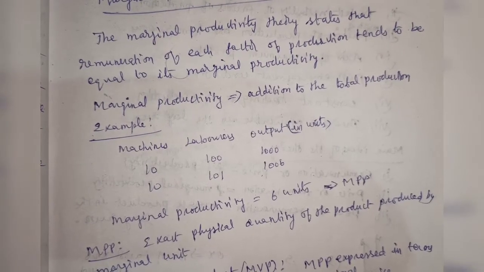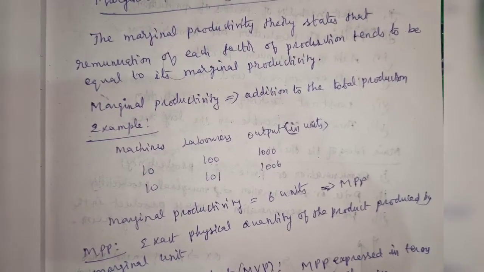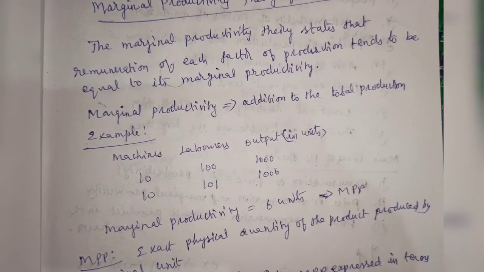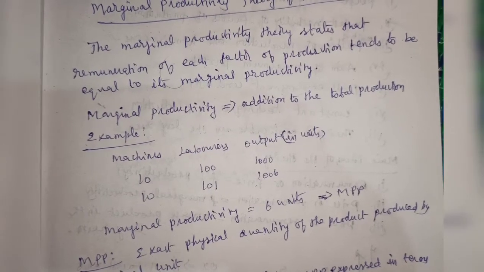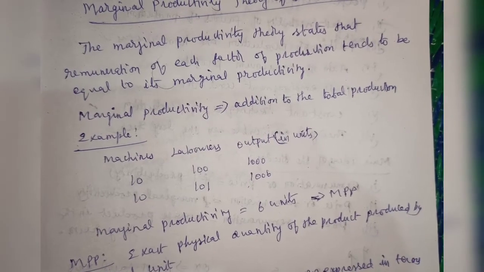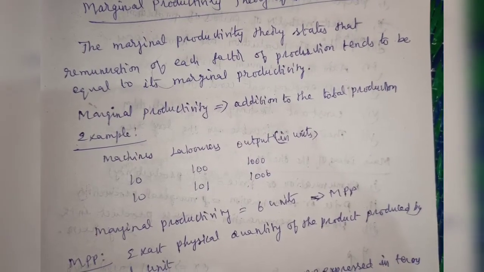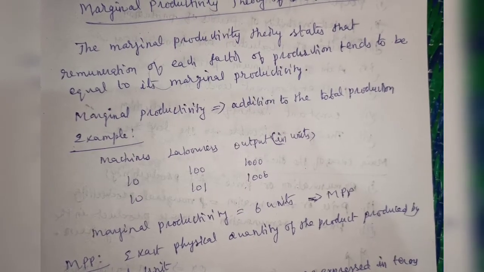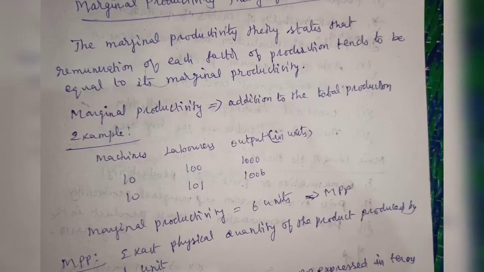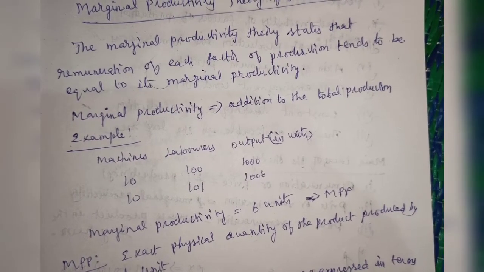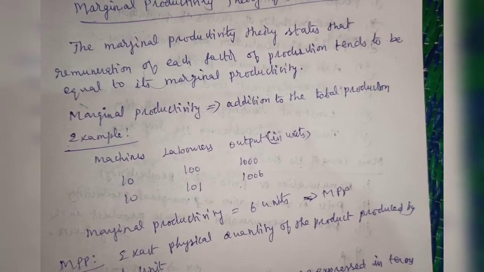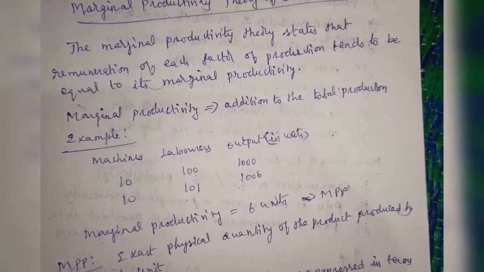This marginal productivity is the addition to the total production. We can explain it through an example. Take, for example, 10 machines and 100 laborers together producing 1000 units of output. When one more laborer is employed, keeping the number of machines constant, the same 10 machines and 101 laborers are producing 1006 units of output.